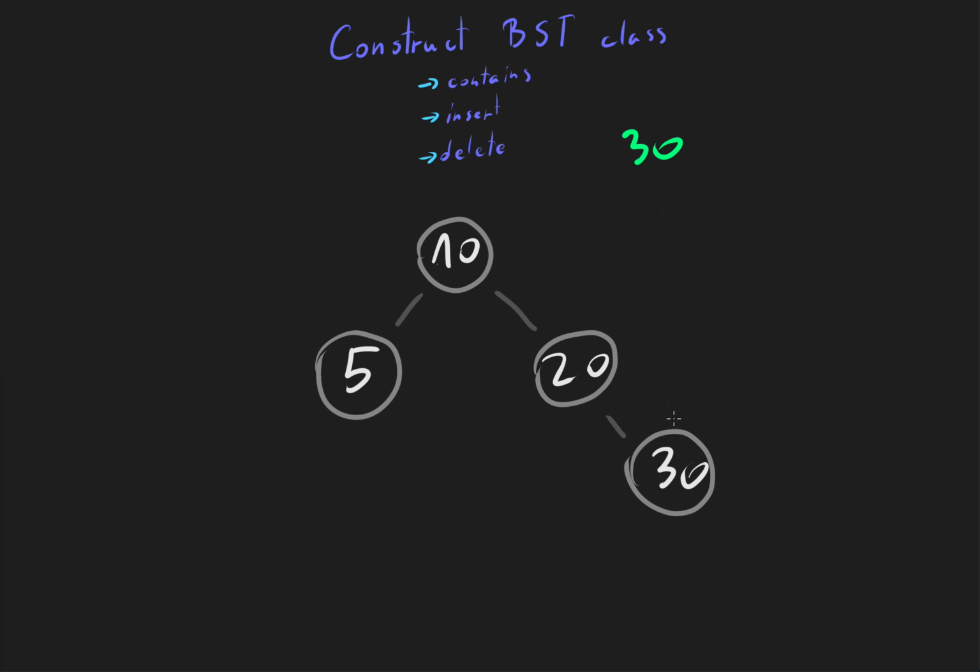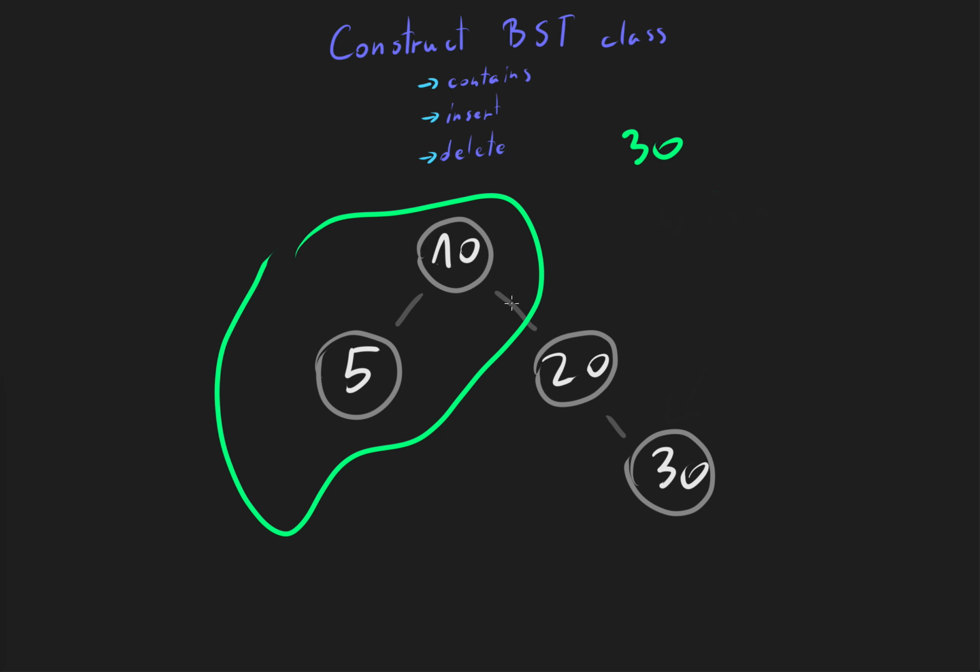So the traversal starts at the root node, and we just compare the values, right? If the value we're looking for is bigger than the current node's value, we go to the right. So we basically can remove all the left subtree.